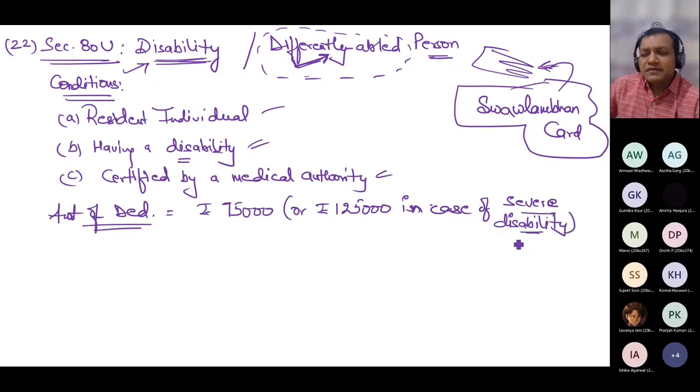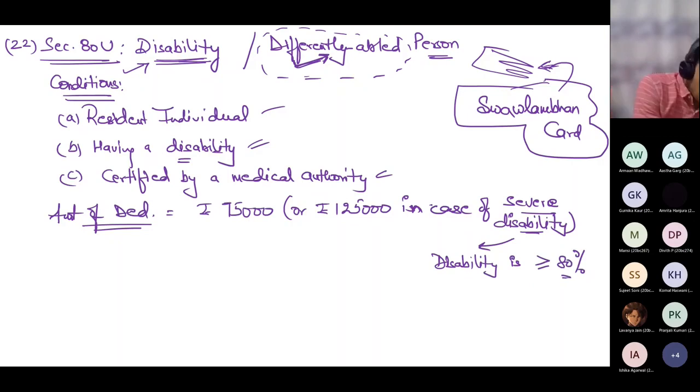And what is severe? If disability is equal to or more than 80%. In case of normal disability, the deduction is flat 75,000. That's it. This is what 80U is. I hope it is clear.